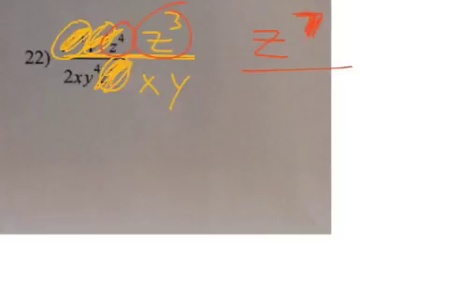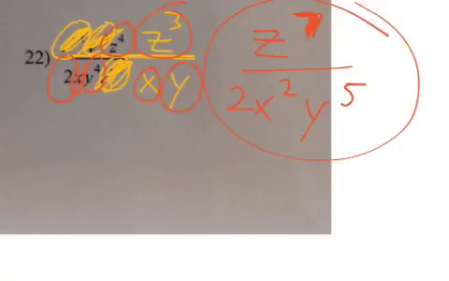Z to the 7. Okay. And isn't the bottom denominator, I have a 2, there's no other number, so my answer has a 2. I have that x times that x, so that's x squared. And I finally have y to the 4 there times y, which is y to the 5. So here's my answer. Notice no negative powers anymore.